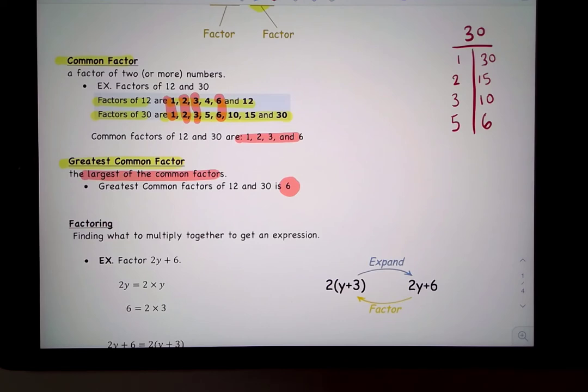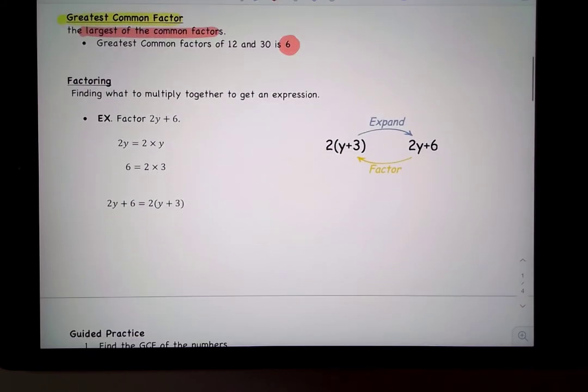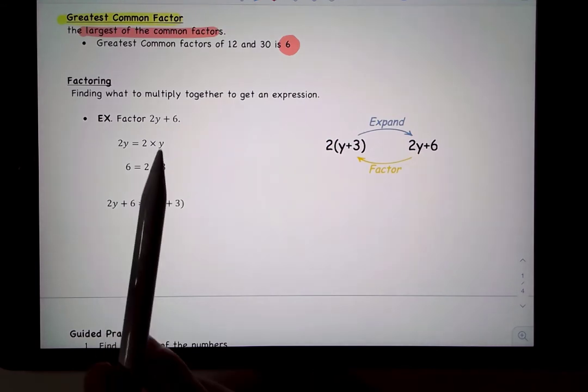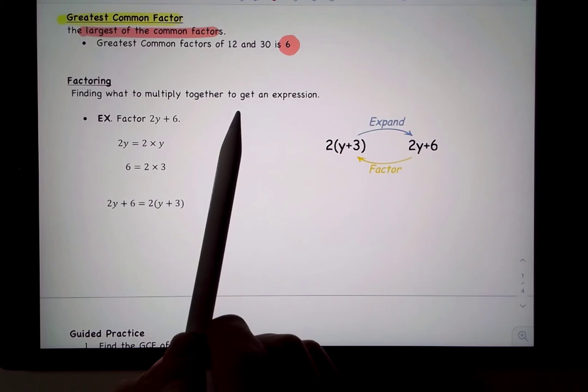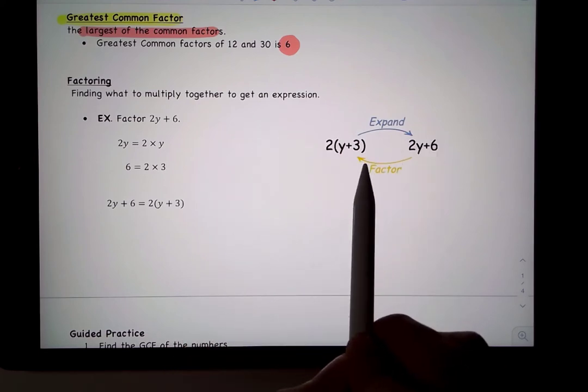All right? And then look at this, factoring. Factoring means finding what to multiply together to get an expression. So look at this one, guys.